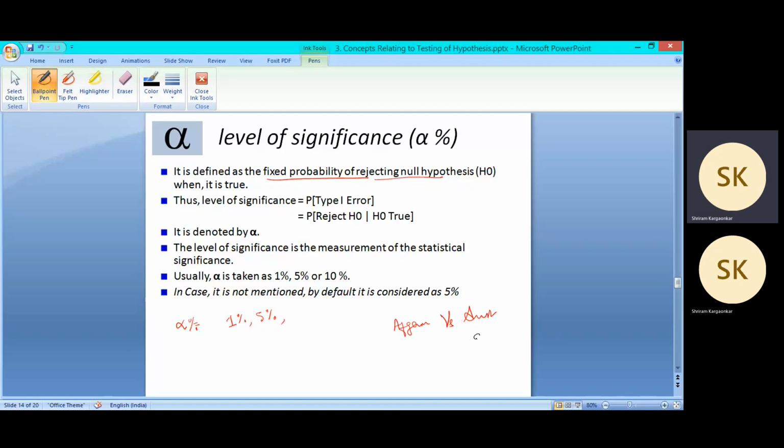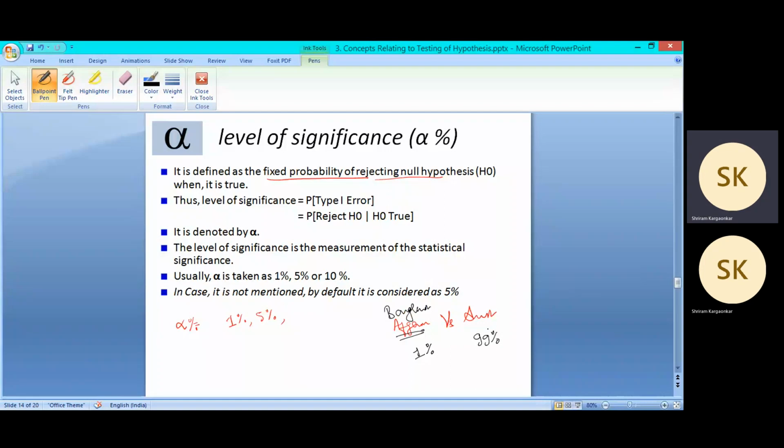You say that 99% Australia will win, but still you assume there is a chance of Afghanistan winning, which is a new cricket team. Or any other team you can take. You can take the Bangladesh team, whichever team you take. This is just an example. So disclaimer, don't take it personally.